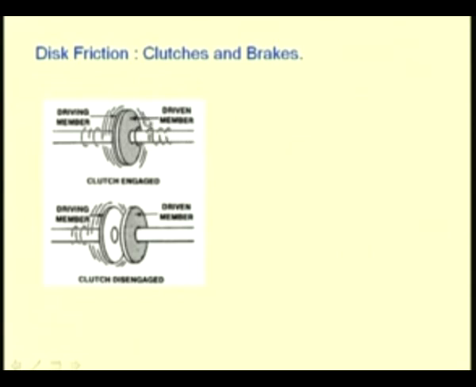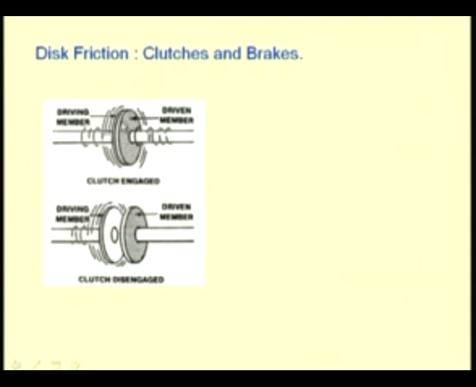So, when these two pads are in contact and there are sufficient normal forces to maintain this contact, then this disc also rotates along with the disc of the driving member. Thus, this shaft, which may be connected to a machinery, also rotates.